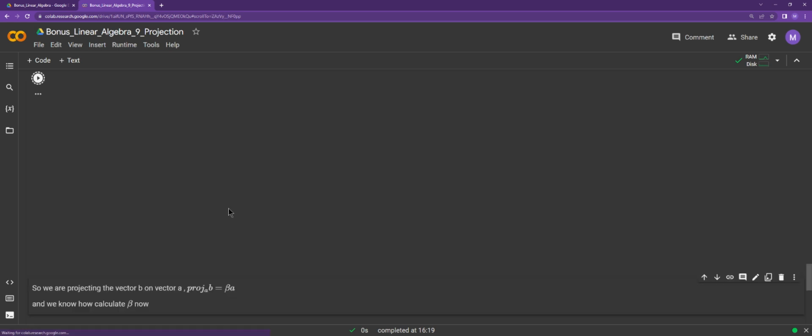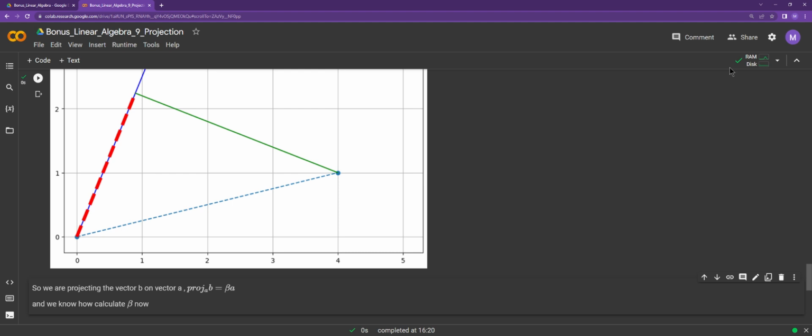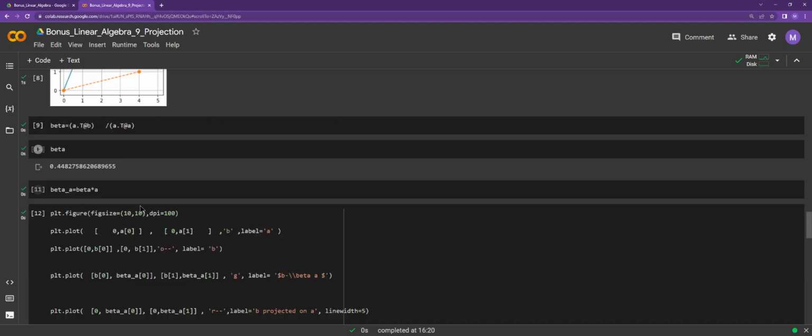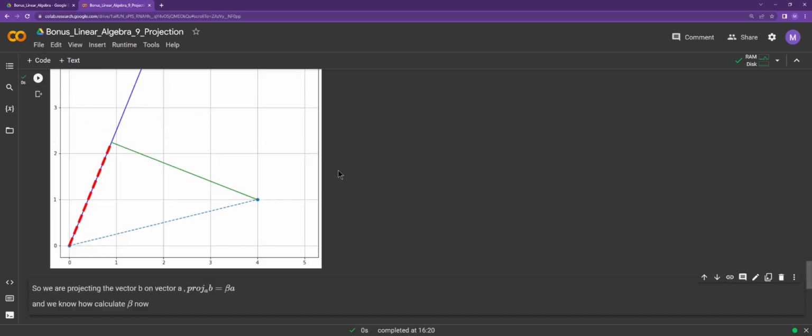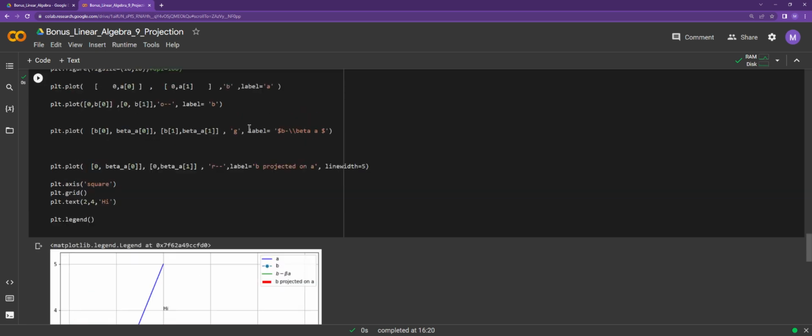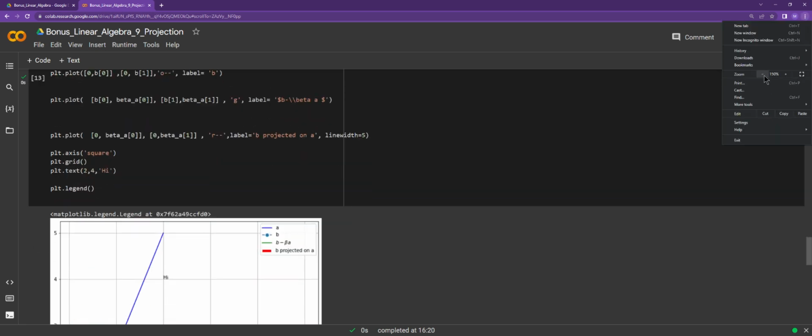Maybe if we run it first, then it would be better. All right, let me reduce this for the moment. I was hoping that it becomes smaller in size so I can show you. Okay, I need to reduce the size.